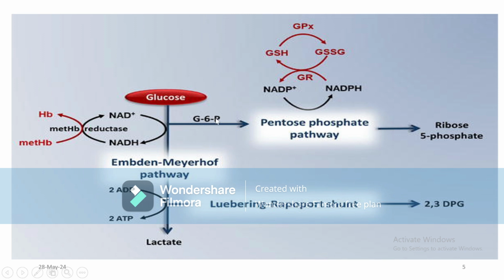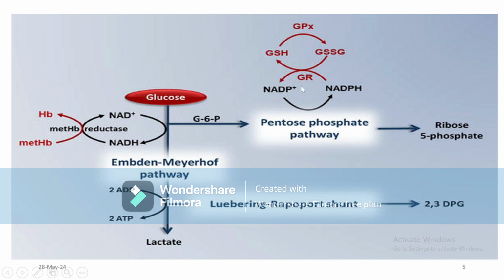Now, this G6PD, what it does is that on the pentose phosphate pathway, glucose is converted to ribose-5-phosphate. But before the conversion can occur, there's a molecule that we call NADP, nicotinamide adenine dinucleotide phosphate.